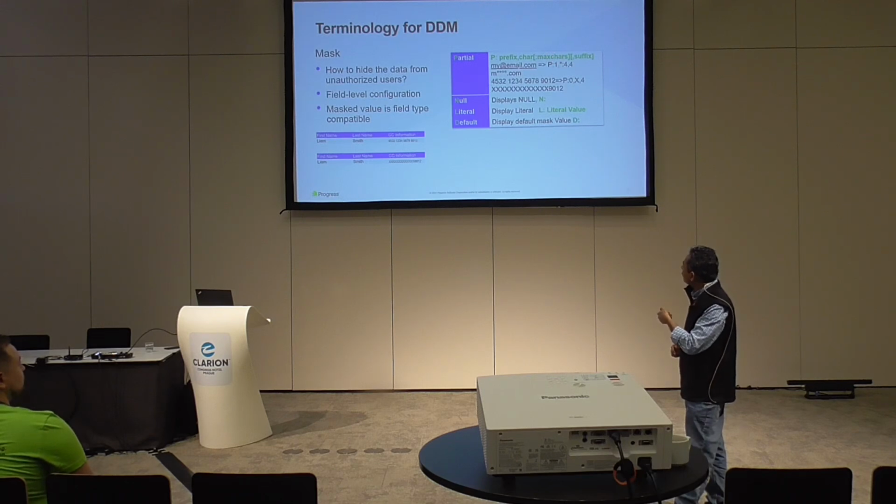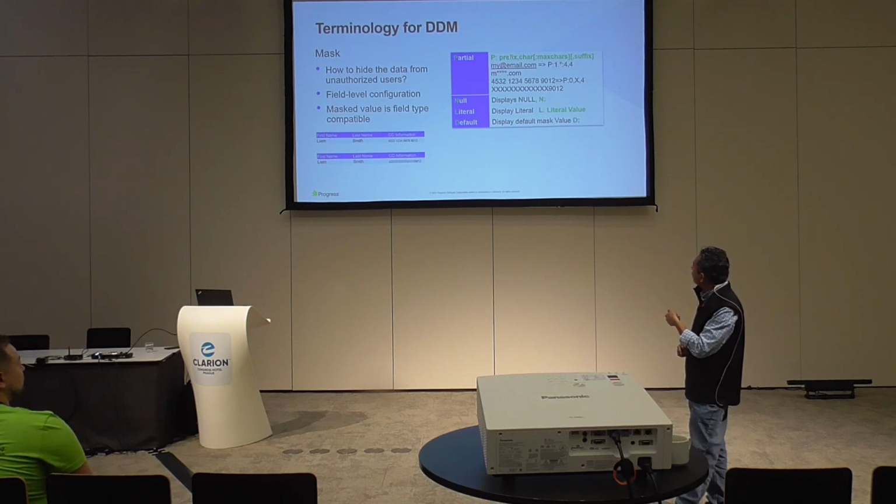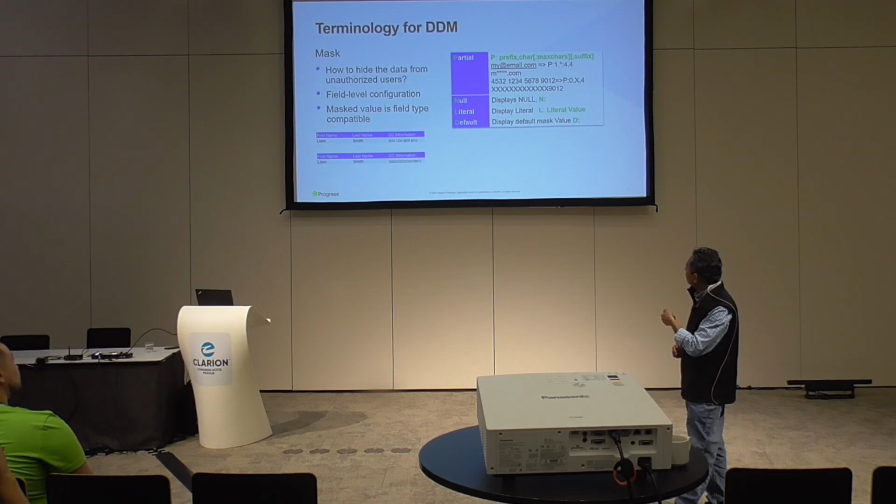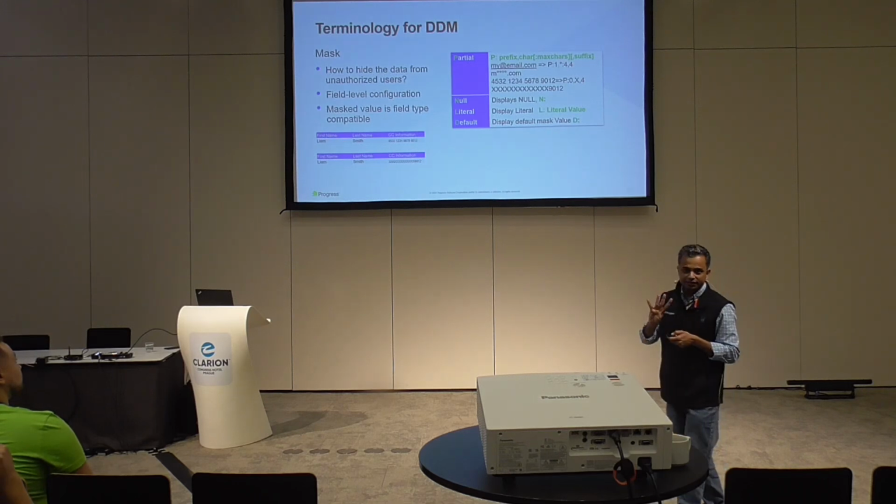Now in this example, for email, we are saying that this field has a partial mask with prefix 1, that is, my first character should be viewed as unmasked. Suffix 4, my last 4 characters will be viewed as unmasked, and all the rest of the characters will be replaced by 4 asterisks.